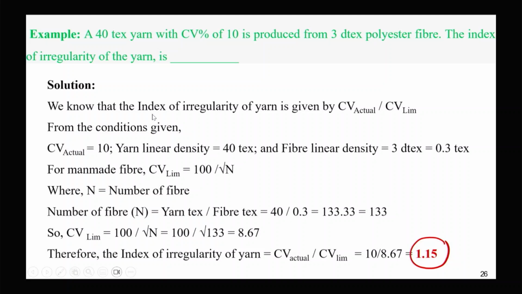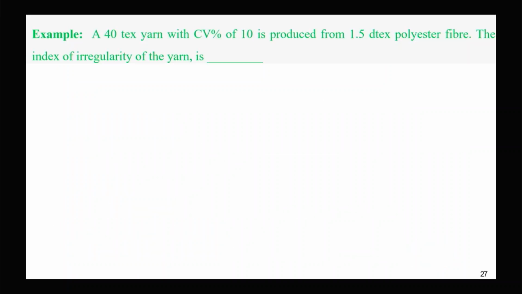Now the next numerical: a 40 tex yarn with CV of 10% is produced from 1.5 decitex fiber. It is a similar numerical.